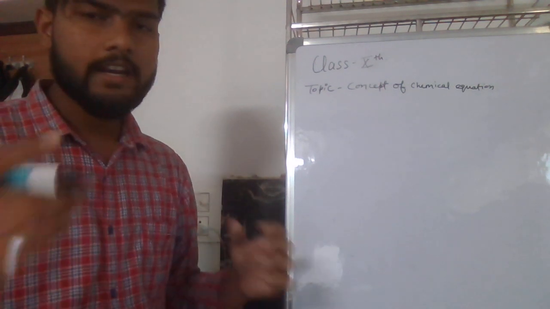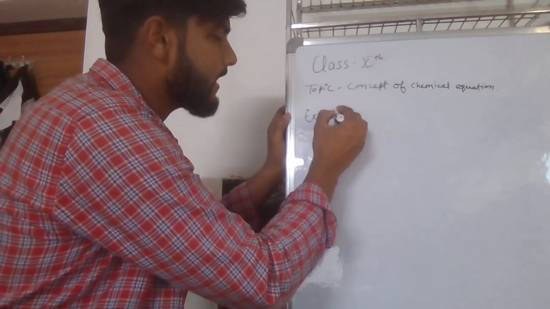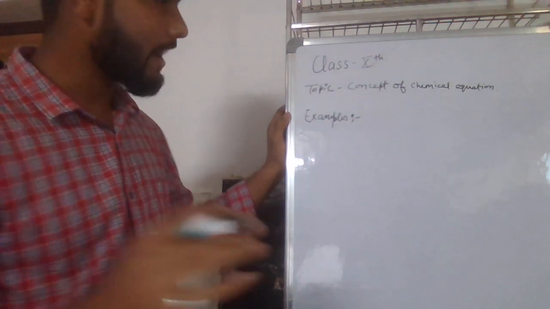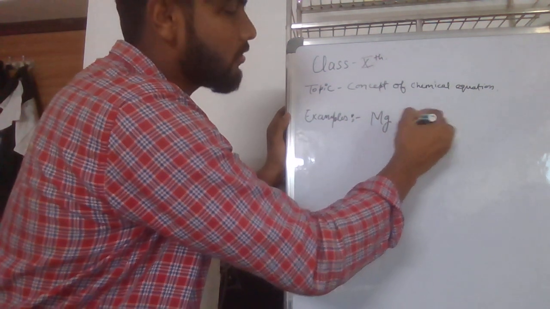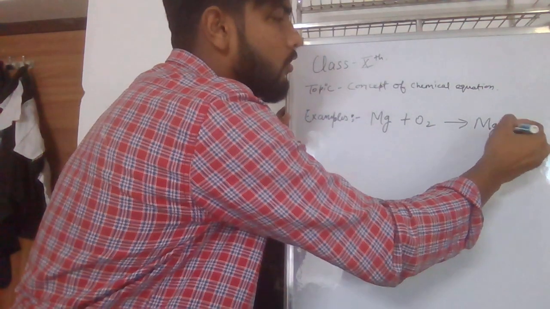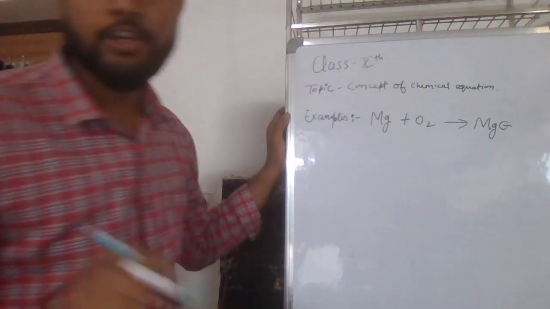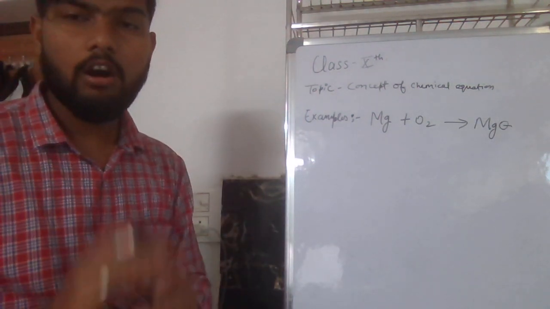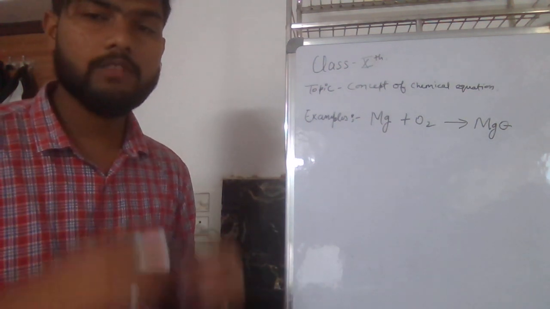Here I am writing an example: Mg plus O2 reacts to give MgO. In this example, the number of atoms of the elements is not equal on the two sides.